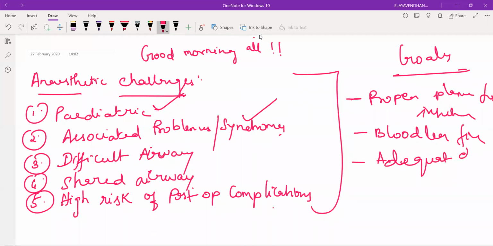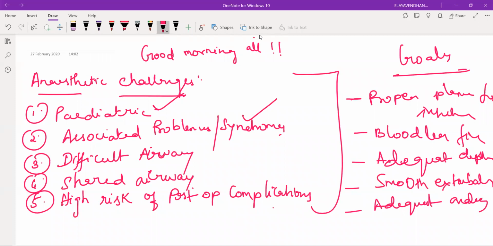So maintaining adequate depth of anesthesia. Then smooth extubation. Then adequate analgesia without respiratory depression. Then preparation for postoperative complications.